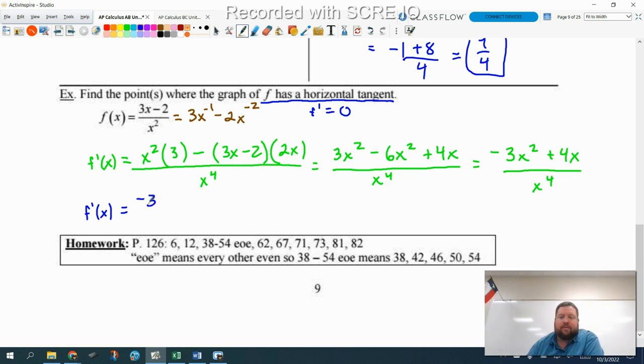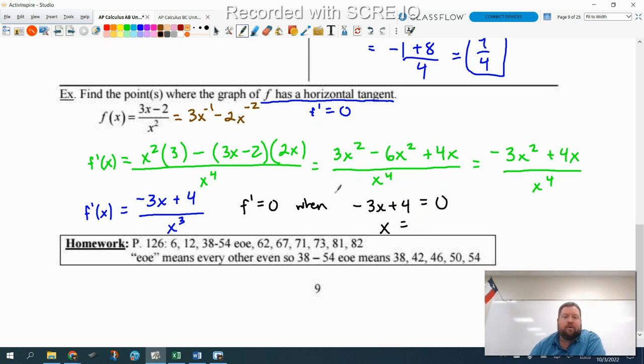So I get negative 3x plus 4 all over x cubed. All right, so we're looking for places where f prime is equal to 0. So if your f prime is a fraction, f prime is equal to 0 where the numerator is equal to 0. So f prime equals 0 when negative 3x plus 4 is equal to 0. Do a little bit of algebra. X is equal to negative 4 divided by negative 3, positive 4/3.